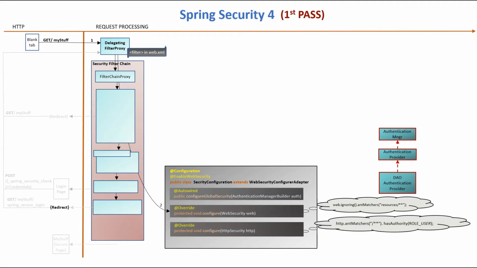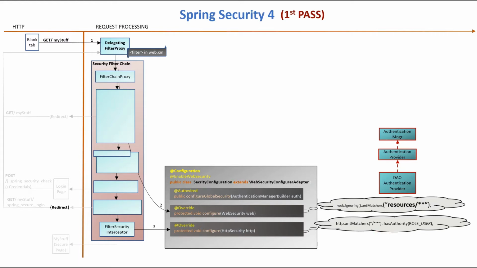Okay, now at the end of the filter chain, there's a class called Filter Security Interceptor. And this is a class that calls the configure HTTP security method that we were looking at before. So this is where it checks the code we wrote previously, which says that all pages right here must be authenticated and have the authority of role user.